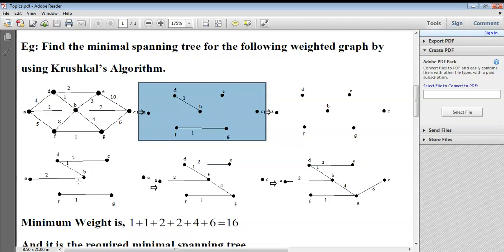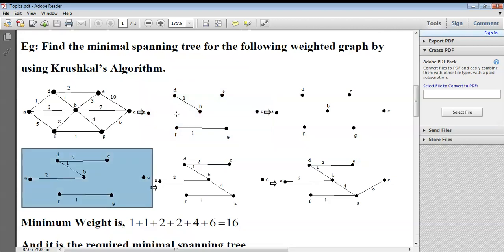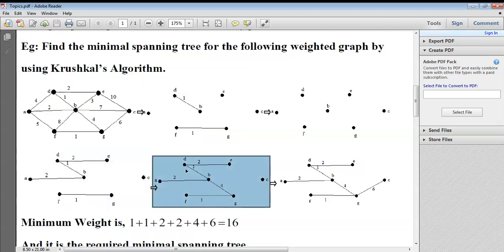In the next step, I have taken the next edge with the minimum weight, the edge with weight 2. If I take edge B, then it will be a cycle, so I have not taken edge B. Then I have taken the edge with weight 4.